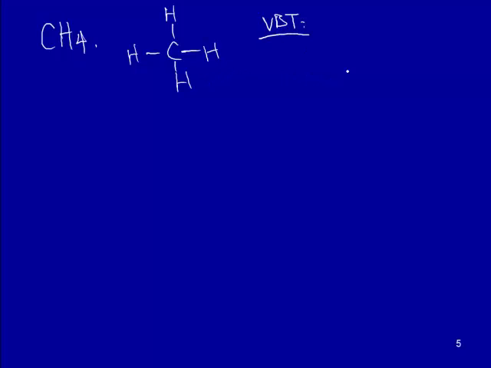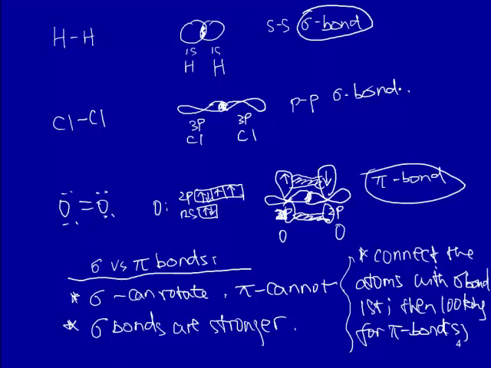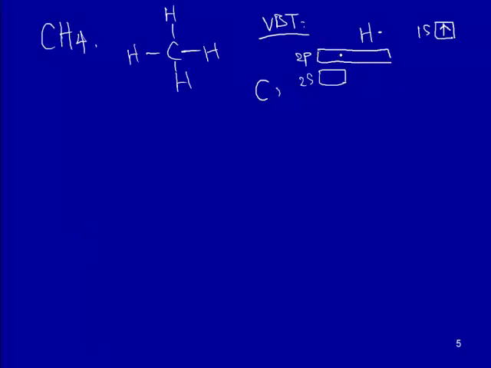Now for H, the electron is easy: it's on the 1s orbital. Now we look at carbon. The valence shell orbital notation will have 2s and 2p. The total number of valence electrons for carbon is 4.